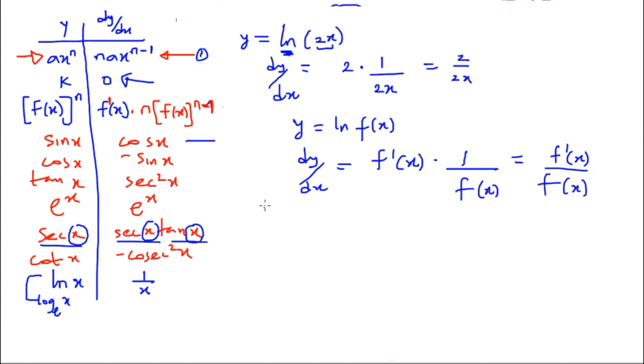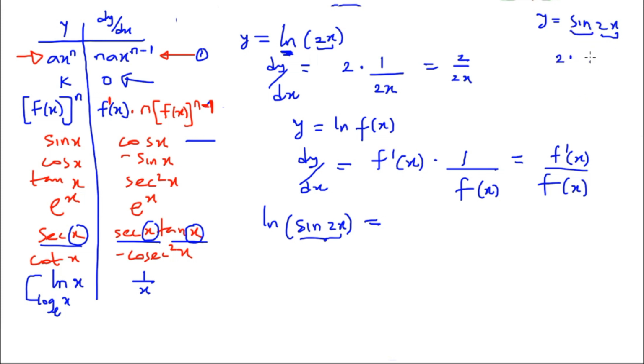So let's say I have the ln of sine 2x. That means I need to differentiate this first. And of course, if you remember, if y is equal to sine 2x, we need to differentiate 2x first. Don't make the mistake of saying that the derivative of sine 2x is equal to cos 2x. You differentiate 2x first, then you have 2 dot.